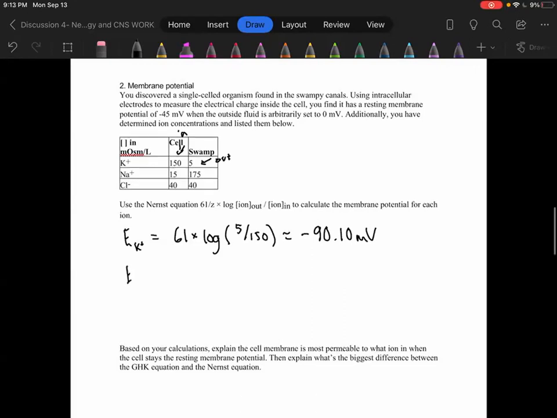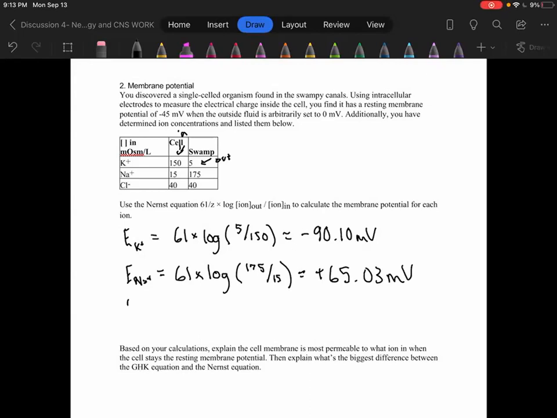When we do the same equation for our sodium ions, if our cell was only permeable to sodium, it would look like this. If our cell was only permeable to sodium, it would be at positive 65.03 millivolts.